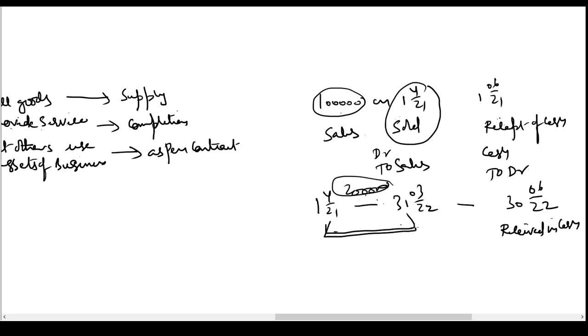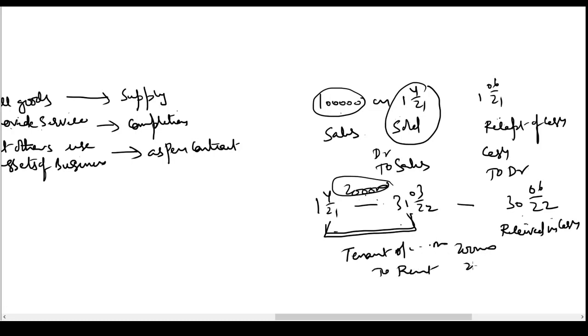During the period when the building is used on rent by others, or on the day when the amount is received in cash? The answer is, when the building is being used, you have to recognize it as an income. I pass the entry tenant account debit to rent 2 lakh rupees.